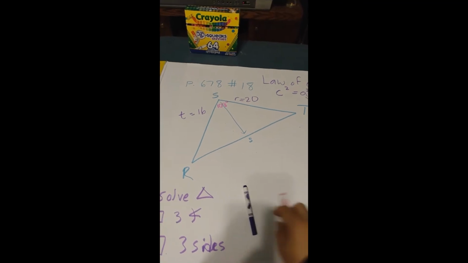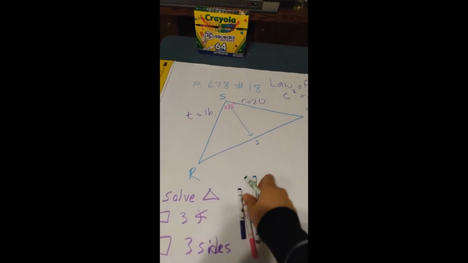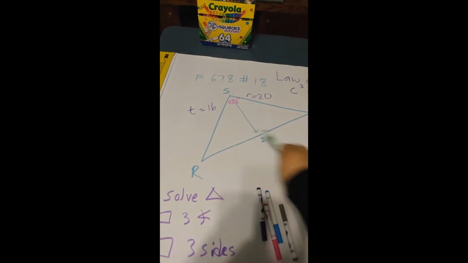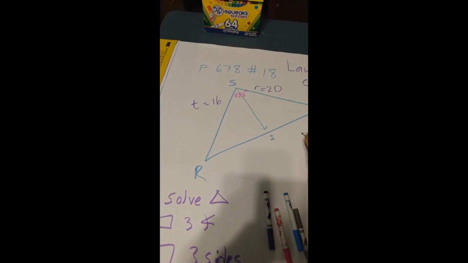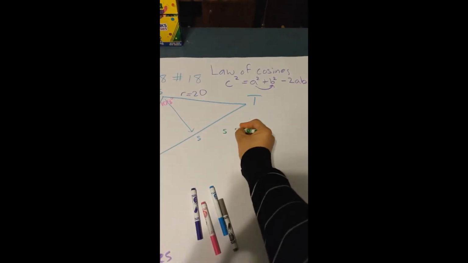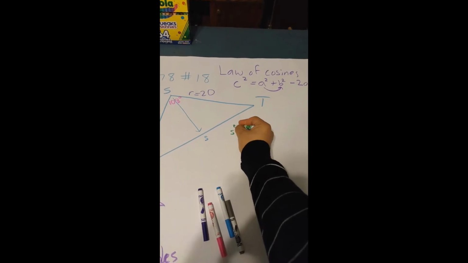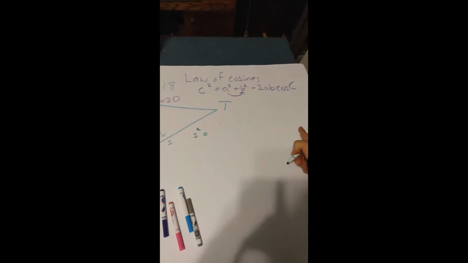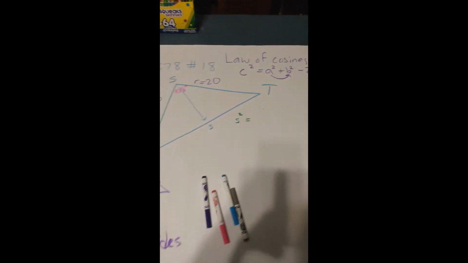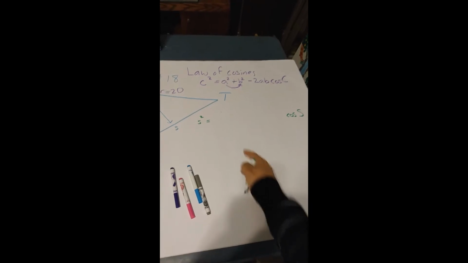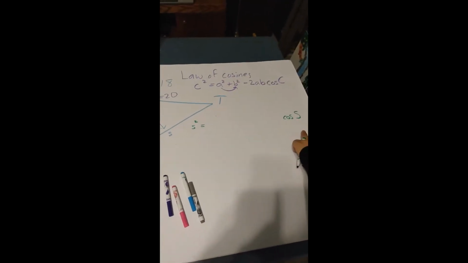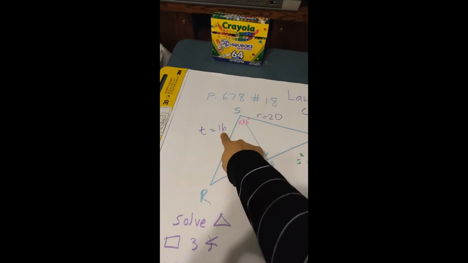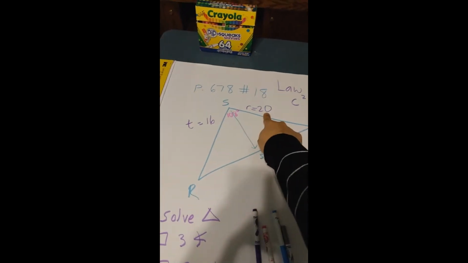Okay, so let me write with green. I'm going to line up my s's. So little s squared is going to be equal to a bunch of stuff, and way over here to the right side, I'm going to put cosine of capital S. Now I need to use the 16 and the 20 because I know those 2 numbers.